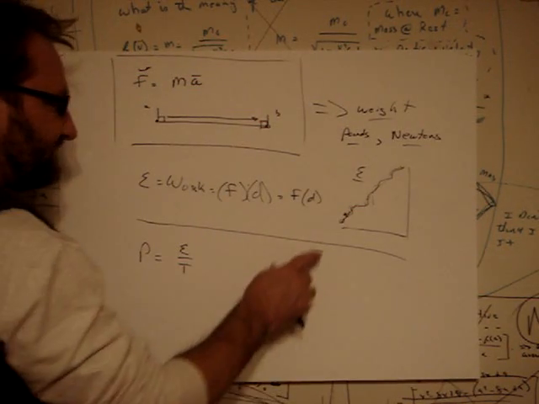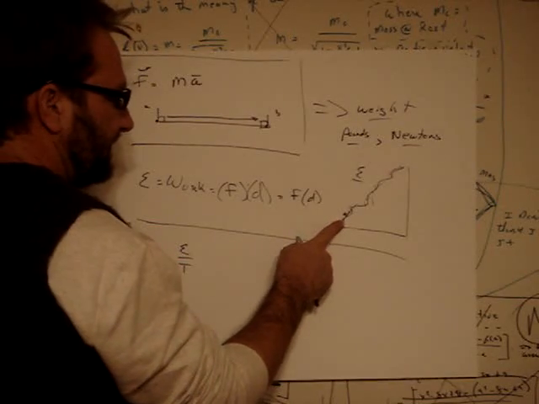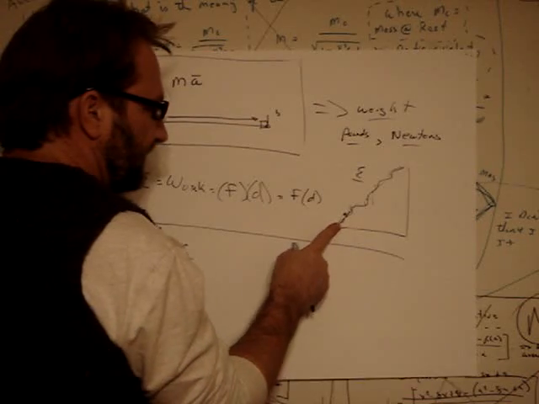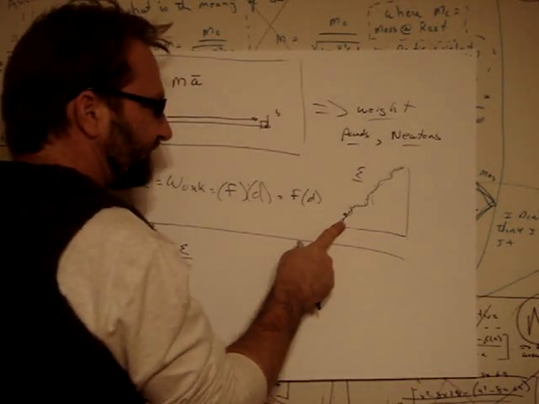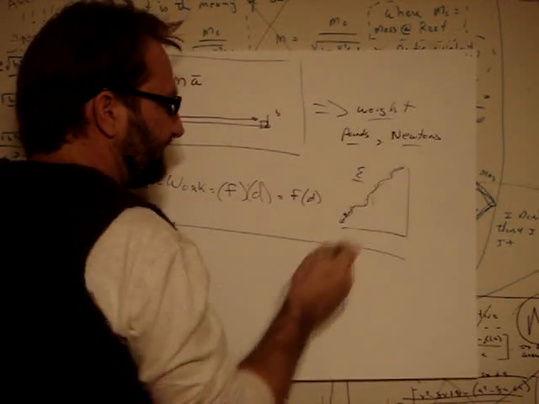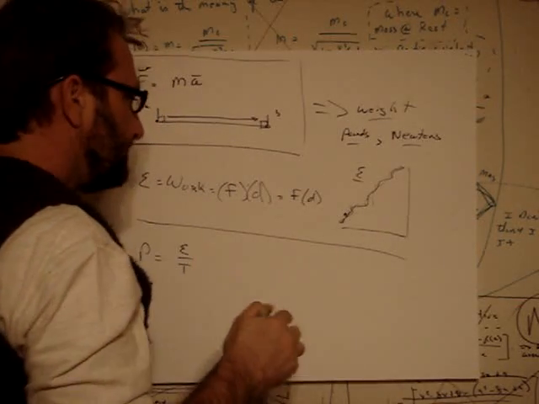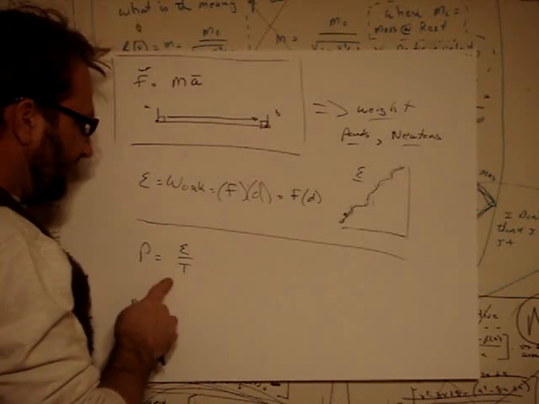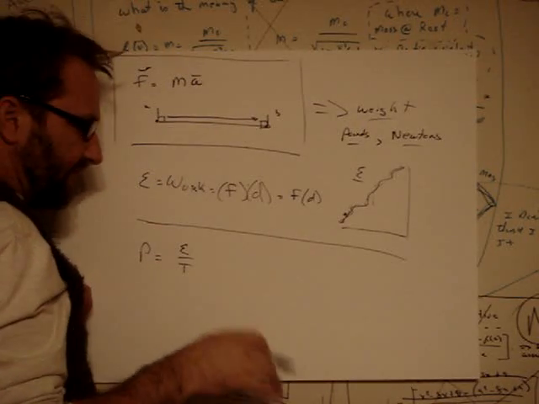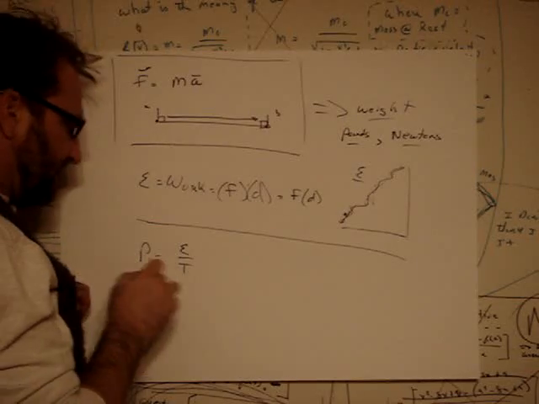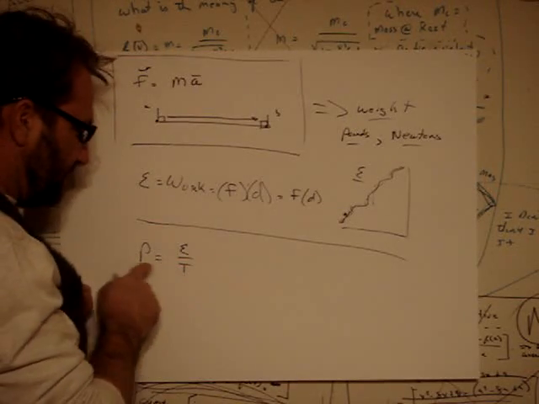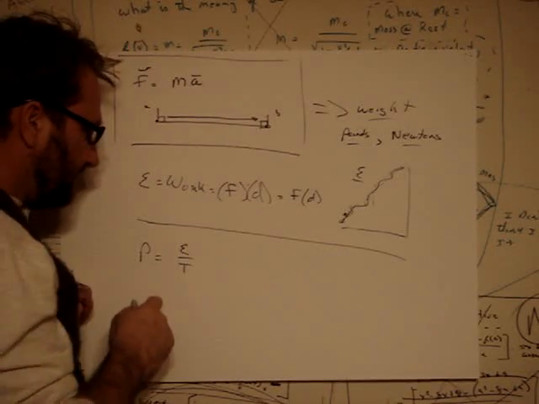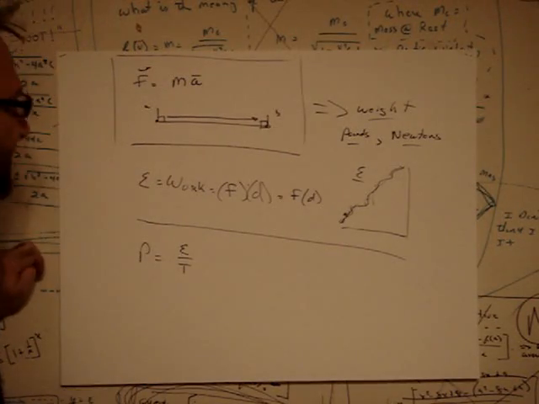So if we were to climb a hill, we would have to apply a force through a distance. We would have to apply a force, and over the distance would give us some energy. But if we did that at a certain amount of time, and the time was quicker and quicker, then the power was more and more. So power is the energy that we're expending per unit time.